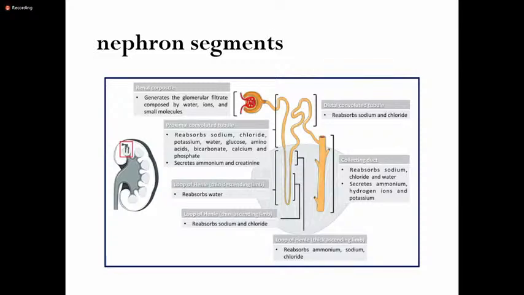In the distal convoluted tubule, what mainly happens there is the reabsorption of sodium and chloride. Again, when we go down to the collecting duct, you have more reabsorption of water as well as sodium and chloride, and there's also secretion of ammonium, hydrogen ions, and potassium.